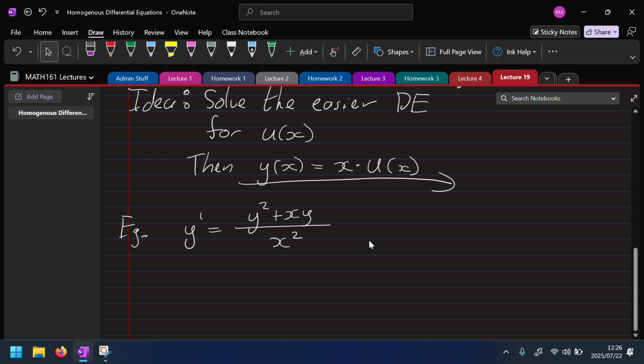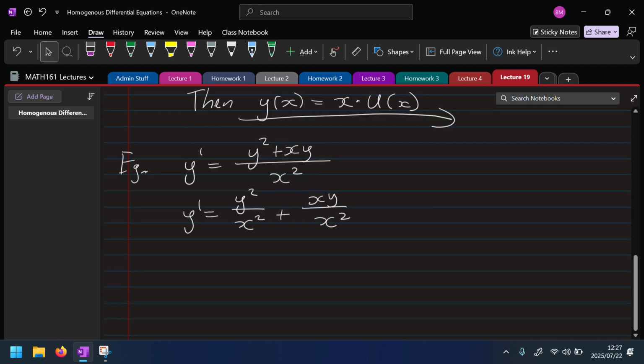So let's take the y squared and divide it by x squared as our first term, plus xy over x squared as our second term. We're going to split up the fraction. Now, y squared over x squared we can write as y over x, and then the whole thing squared.